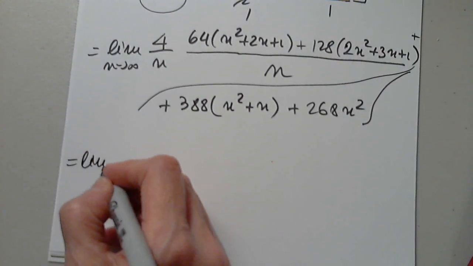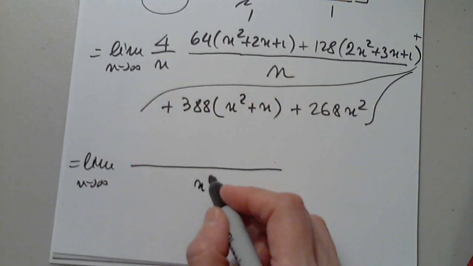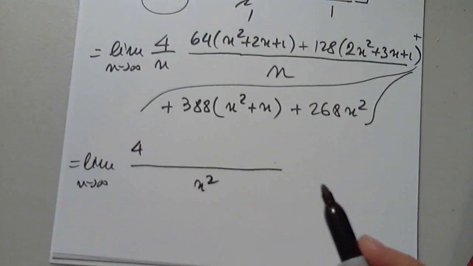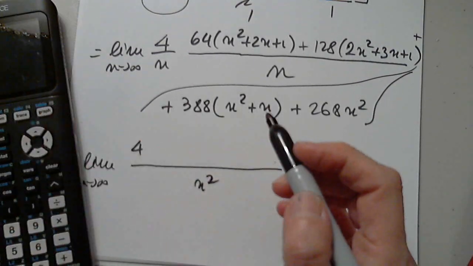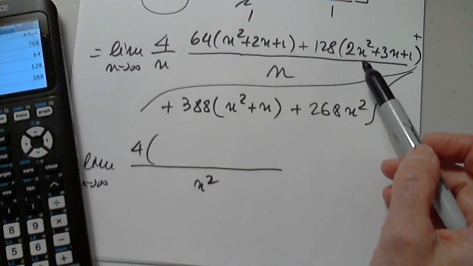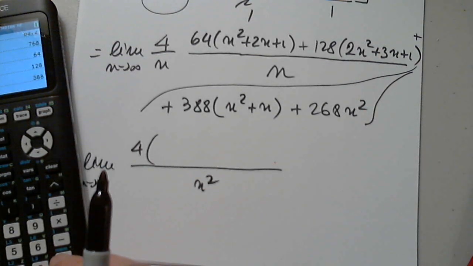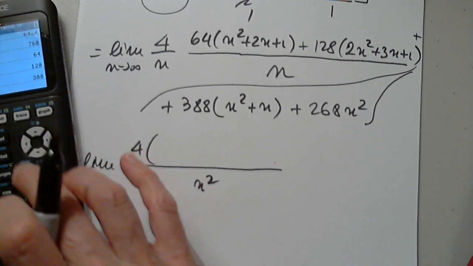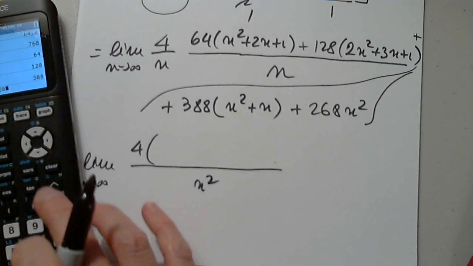So limit as n approaches infinity. The denominator now is n squared. I still have a 4 outside. And now I'll calculate. 64, that's with n squared. Plus 128 times 2, that's with n squared. Plus 388 and plus 268. They're all with n squared.